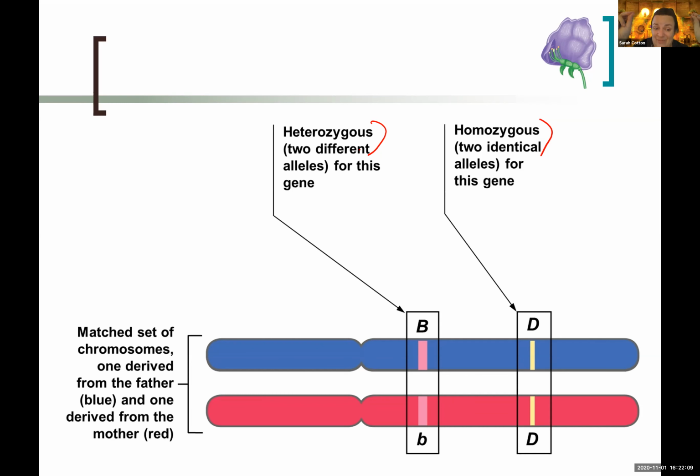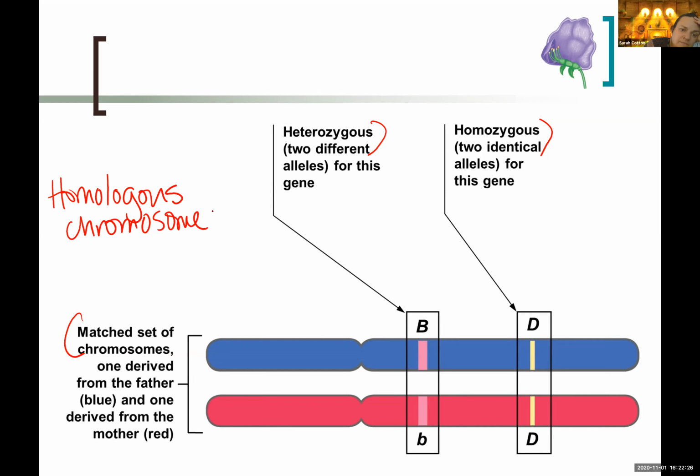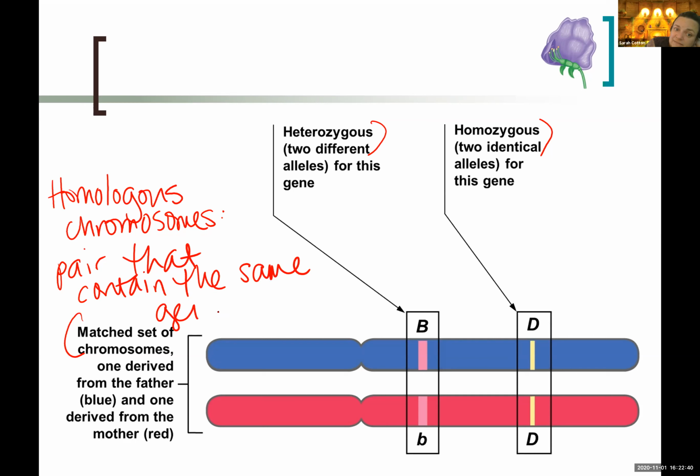One thing we haven't talked about yet is something called a homologous pair of chromosomes. Homologous chromosomes: a pair that contain the same genes.